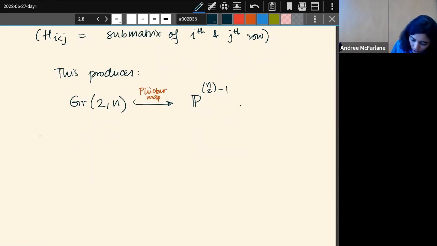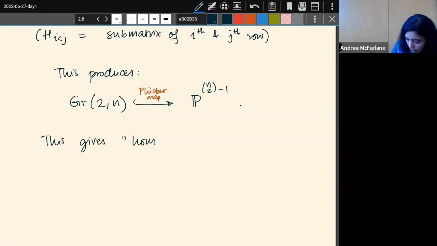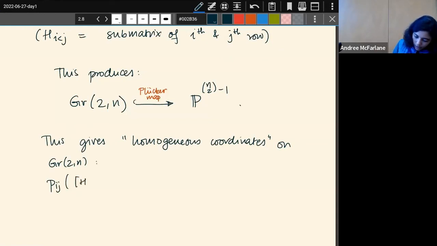So this embedding gives homogeneous coordinates on Gr(2,n), namely P_ij of a point is precisely this determinant that I wrote down before. And I have 2 minutes, so I'll say the last thing and then I'll stop.